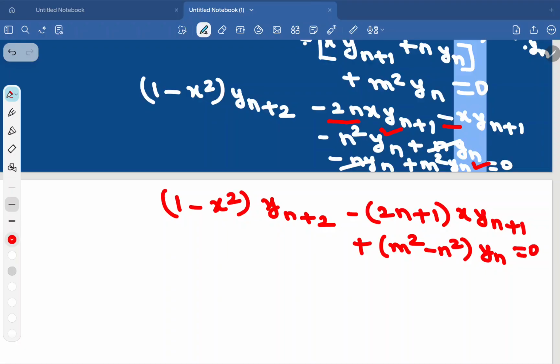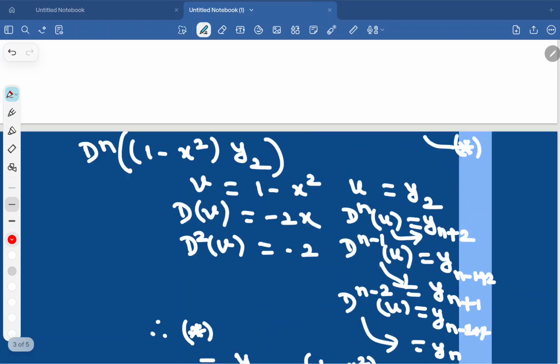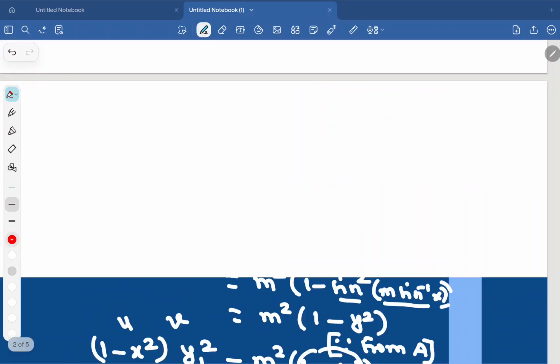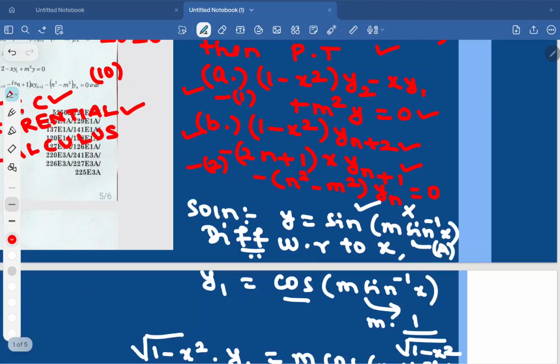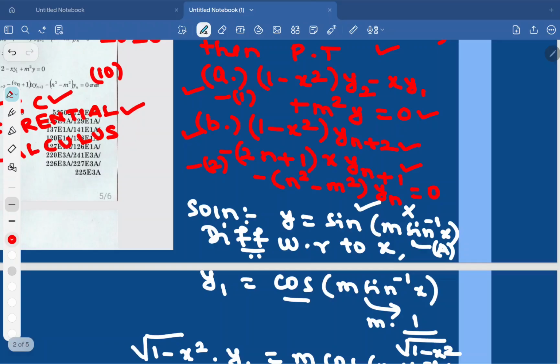yn equal to 0. I am going to check the final answer from equation 2. 1 minus x square y n plus 2 minus of 2n plus 1 x y n plus 1. Here we have to write them as minus of n square minus m square yn.